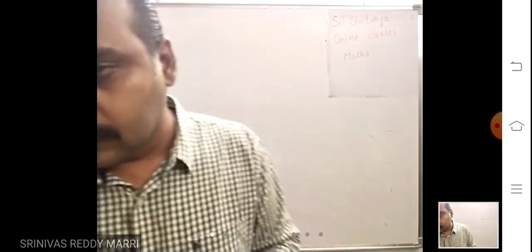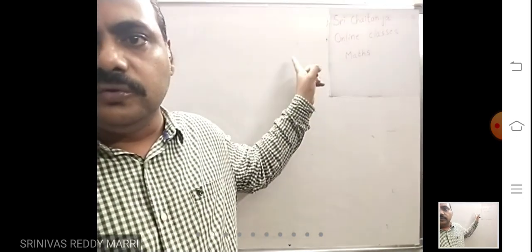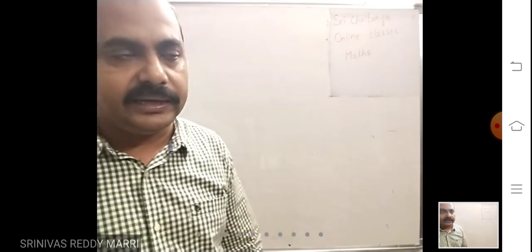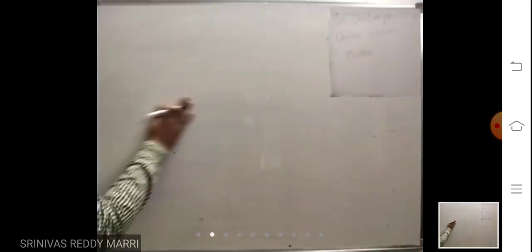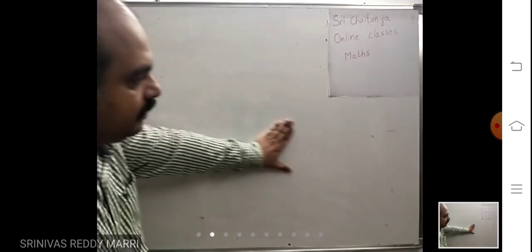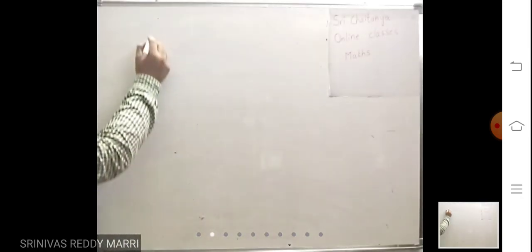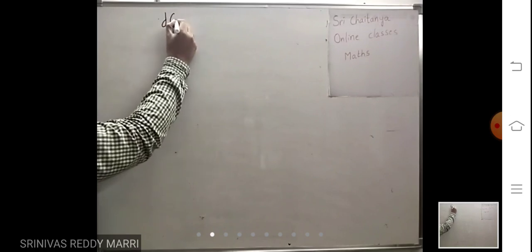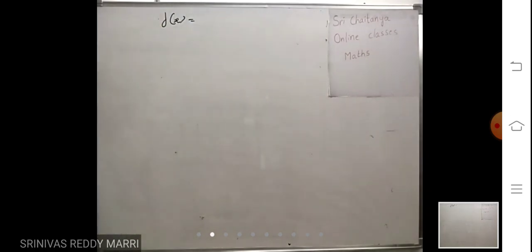Look it. This method you use if there are more than two factors. First we will see, suppose f of x. F of x means nothing, any expression in x.